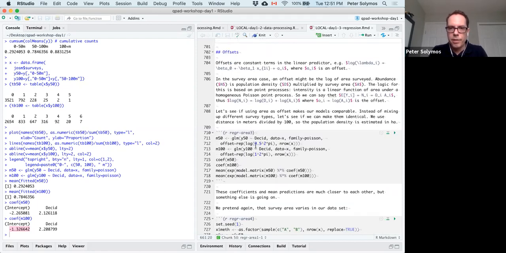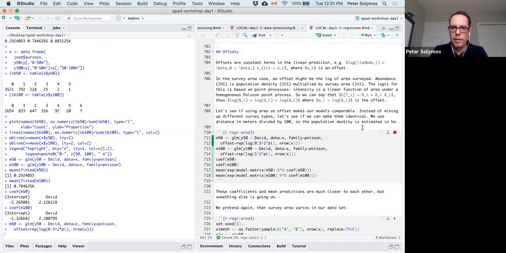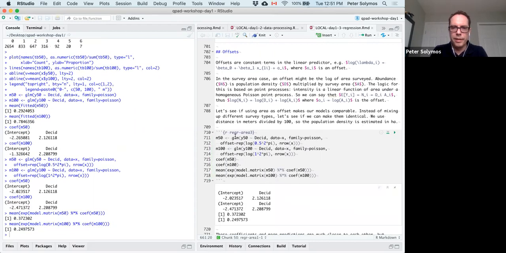So we have here the 50 and the 100 meter. I've already done this without the offset. Now what we are doing here is, we specify an offset term. So just repeat log of 0.5 squared times pi.